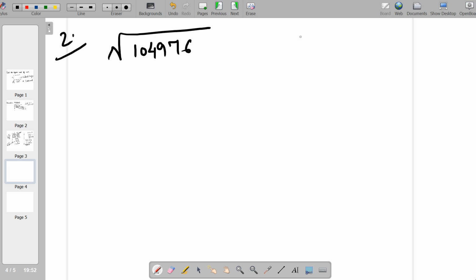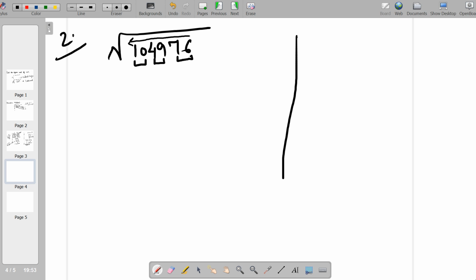So the very first thing we will do is traverse from right towards the left, and then we will put them in pairs. So first pair is this, second pair is this, and third pair is this.